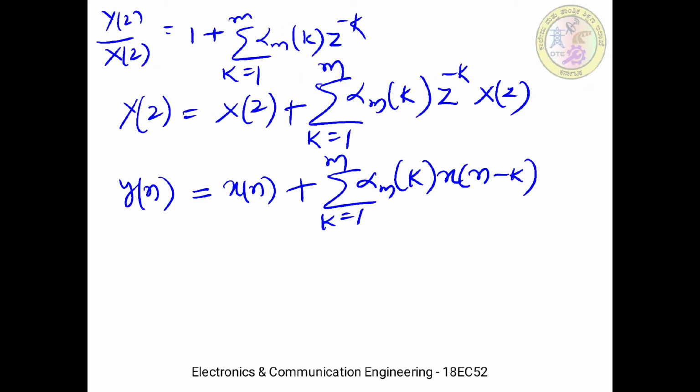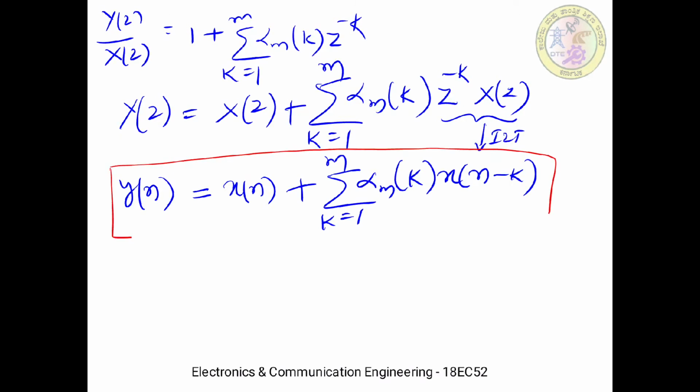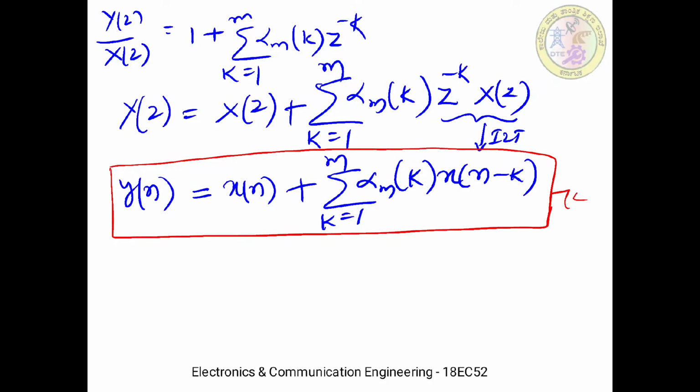Here x(n minus k) is the inverse z-transform of the corresponding term. This represents an important derivation: y(n) is the FIR system output, and let us call this important equation, equation 4.